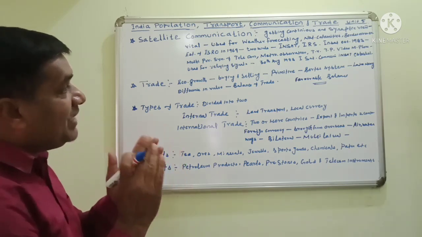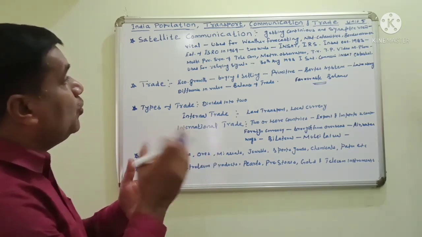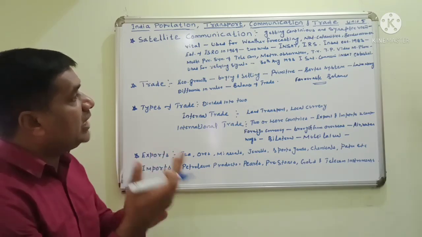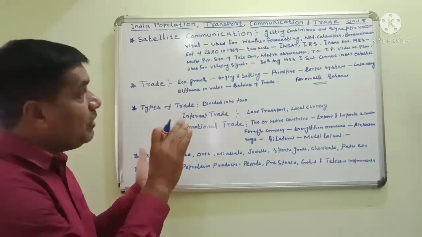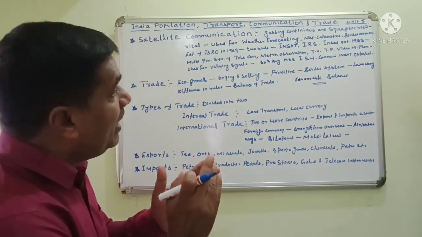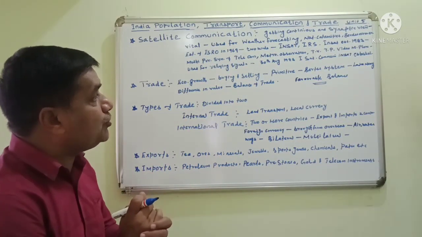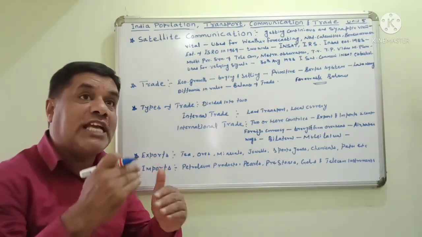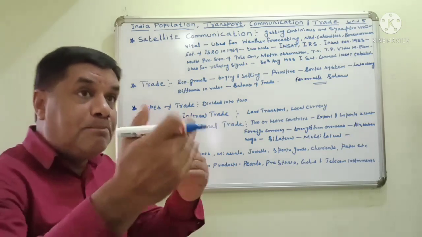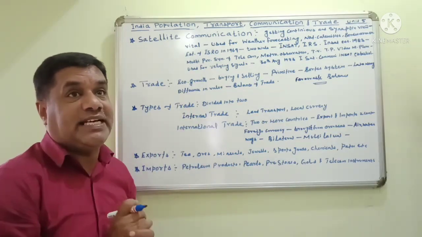The balance of trade means what? The exchange of goods and services, export and import, is known as balance of trade. What do you know about the favorable balance of trade, students? If exports increase and imports decrease, it means a favorable balance of trade.